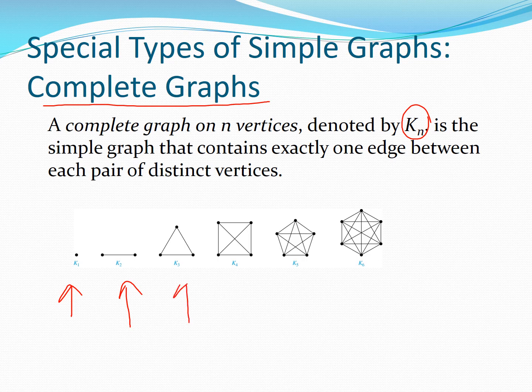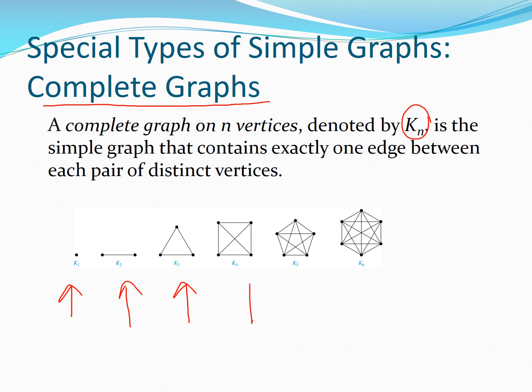Now let's look at K3. K3 tells us there are 3 vertices in the graph, and there has to be an edge from one vertex to every other vertex in the graph. So each vertex connects to the other 2 vertices. That gives us a triangle graph.